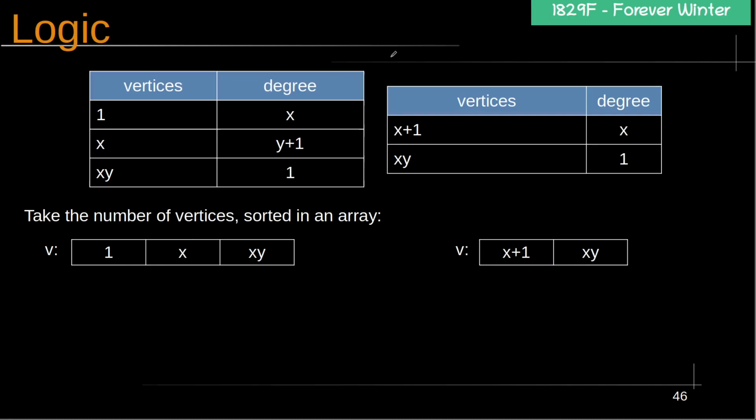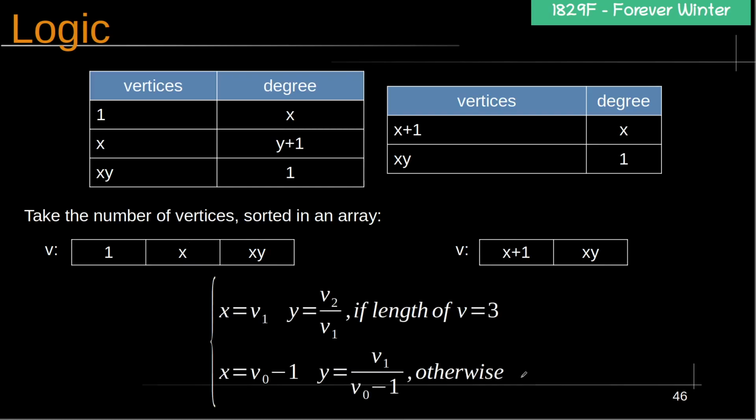So we sort them like this, and we are sure now that if we have this case, the first case here, the value of x is at v1 here. And of course, if we have the value of x, we can compute the value of y because we have this number xy. Same for the other case.